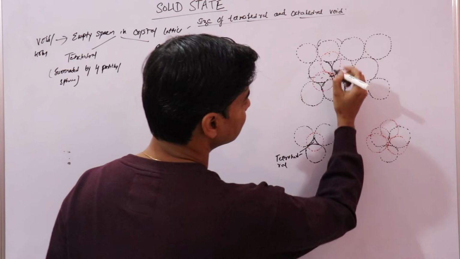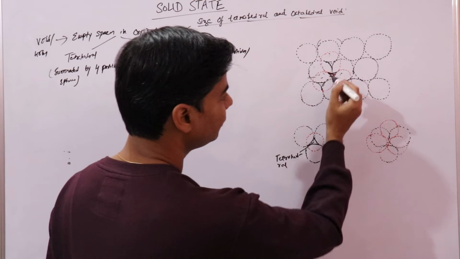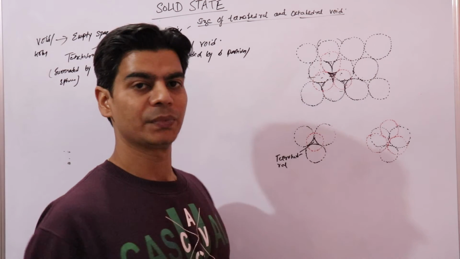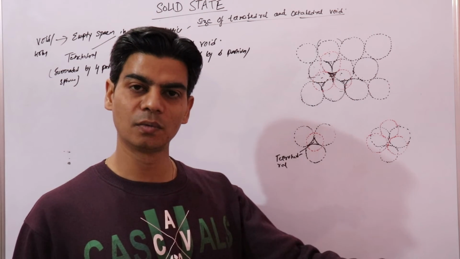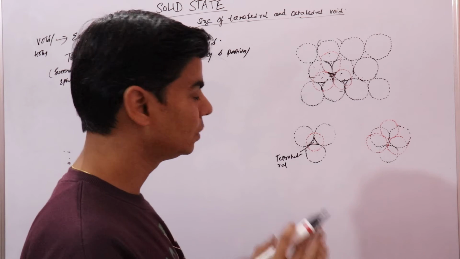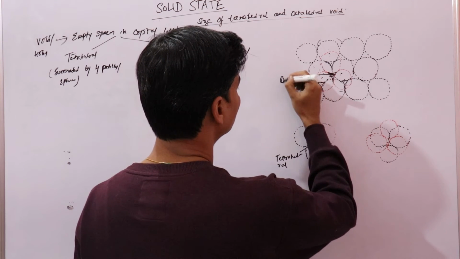So there is a space, an empty space between these 6 spheres. This empty space is a void. We call it an octahedral void because it is surrounded by 6 spheres.